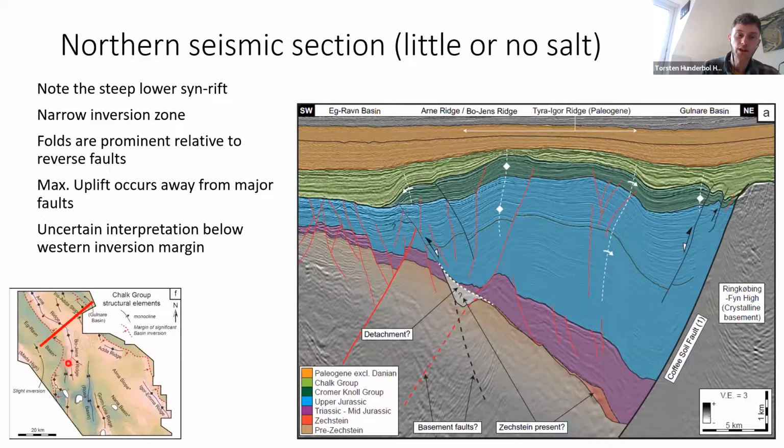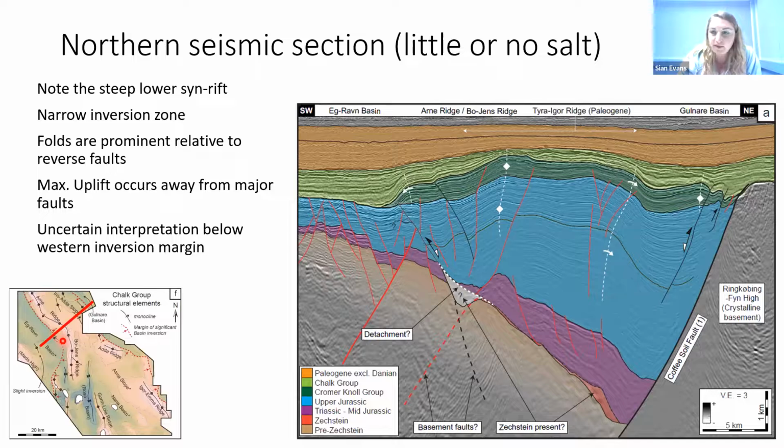You would get a bit of wrenching along a north-south lineament during shortening, but it's mainly dip slip movements, and I think that's a more simple explanation than introducing a lot of strike slip.